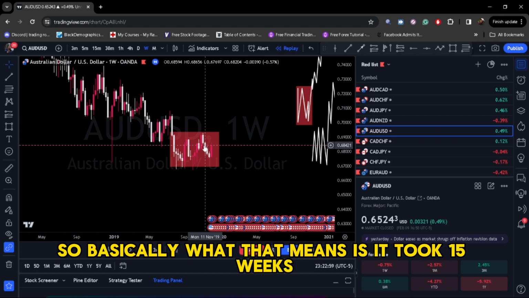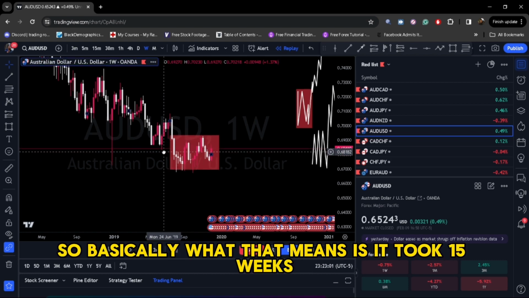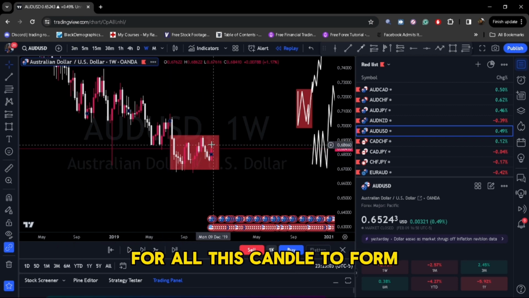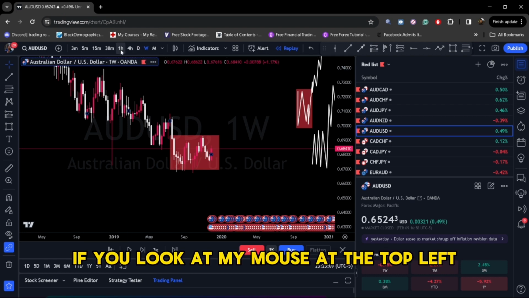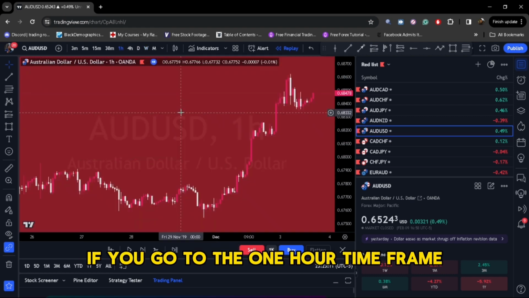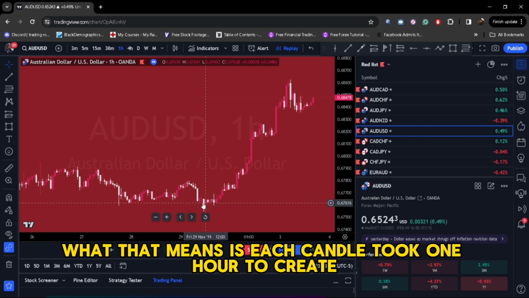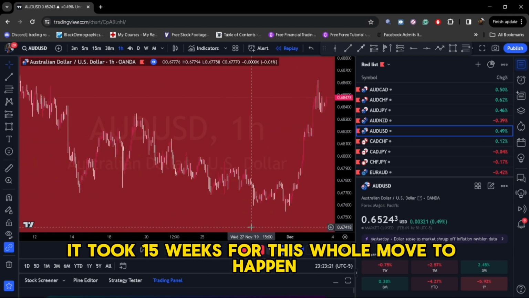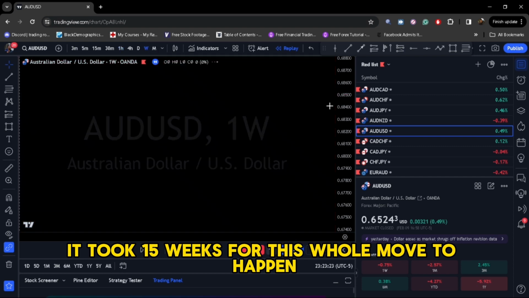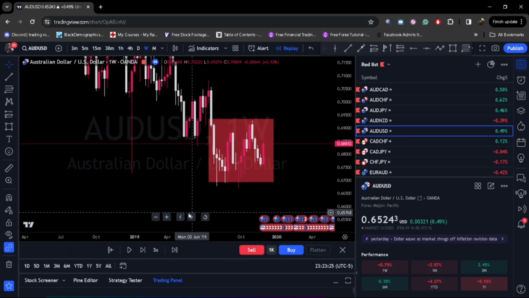So basically, it took 15 weeks for all these candles to form. Now, if we were to zoom in, if you look at my mouse at the top left, if you go to the 1 hour time frame, what that means is each candle took 1 hour to create. So in the weekly time frame, it took 15 weeks for this whole move to happen.